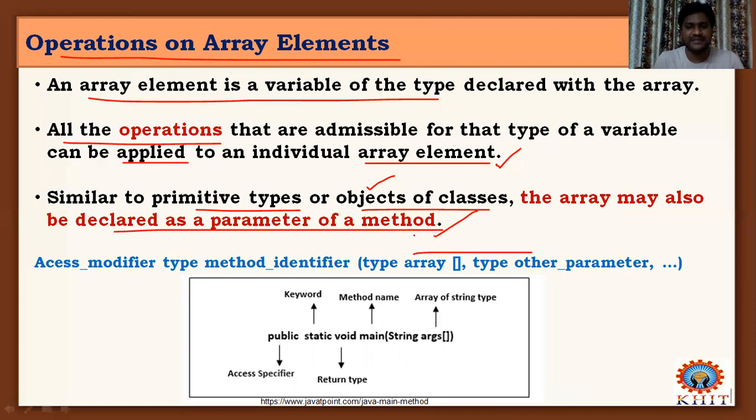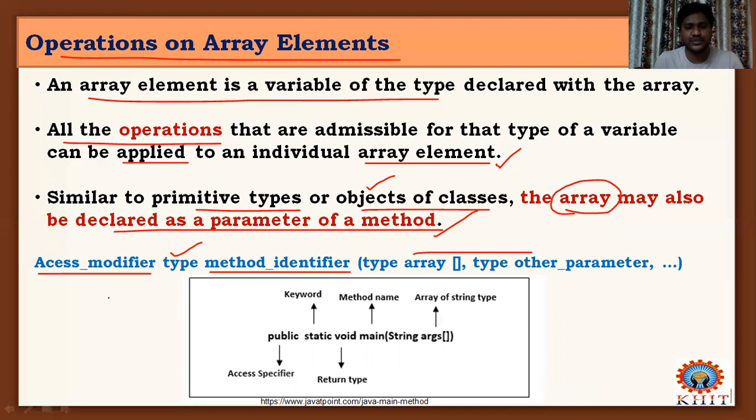In the same way, arrays can also be declared as a parameter of a method. That is the example here. First of all, we know the method identifier, that is the method name, the function type of the function, and the access specifier.